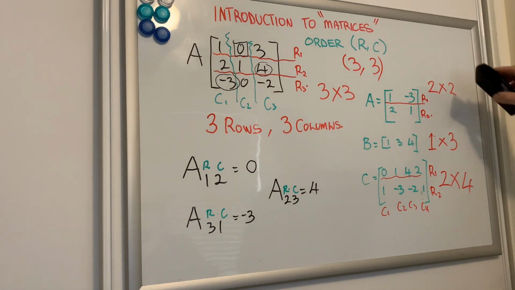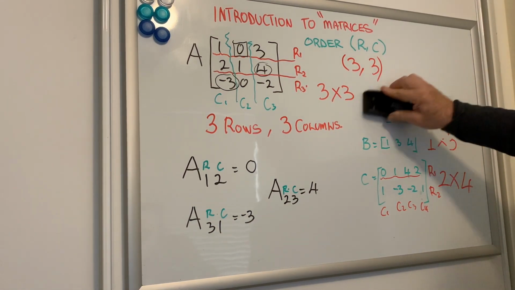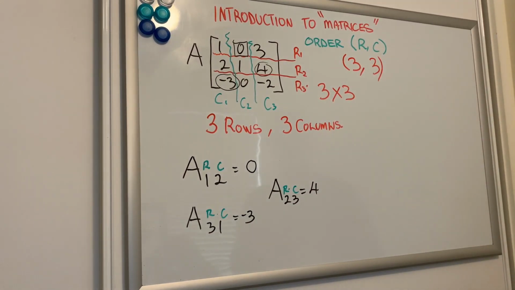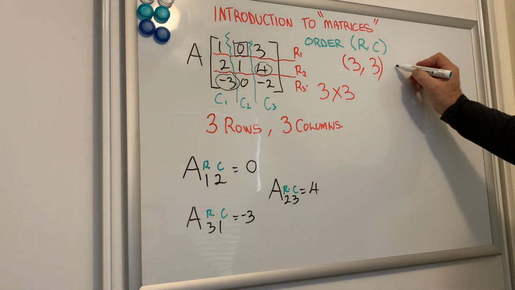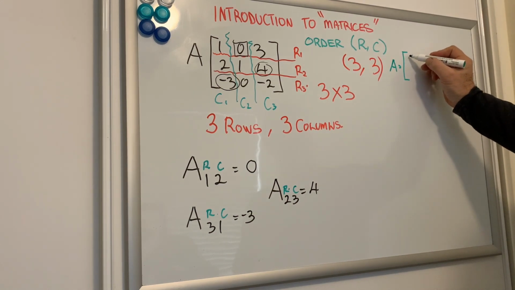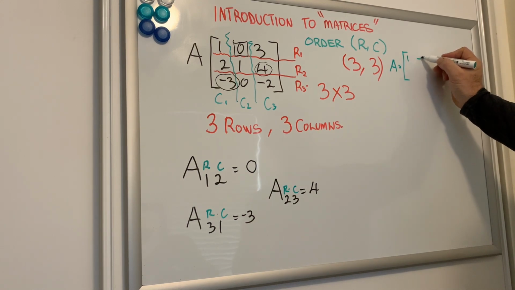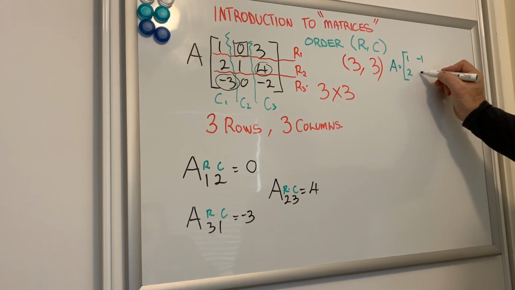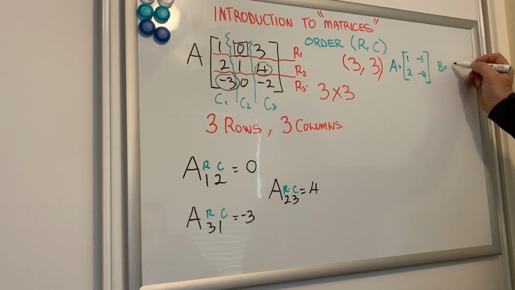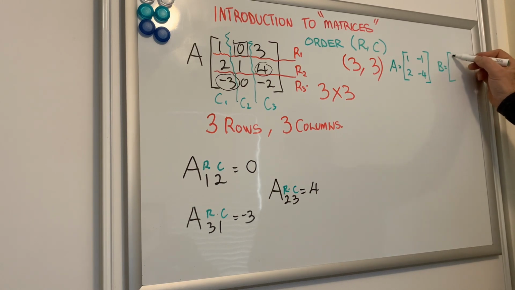Let's have a look at something a little bit different now. Let's say we had another matrix, matrix A equal to 1, minus 1, 2, and minus 4. And matrix B is equal to 0, minus 3, 4, and minus 1.